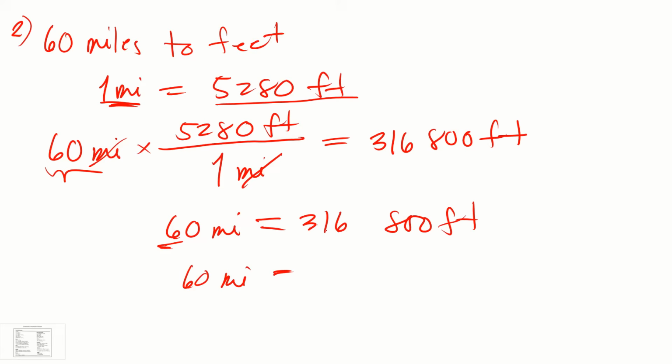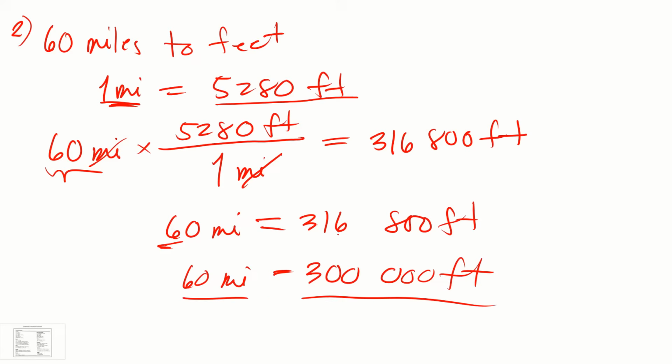Since ang kasunod ni 3 is 1, we don't need to change this number, so just retain 3 and then 0, 0, 0, 0, 0. So in using correct significant figures, ito yung equivalent value ni 60 miles sa feet. Pero kung yung eksakto, we have here 316,800 feet.